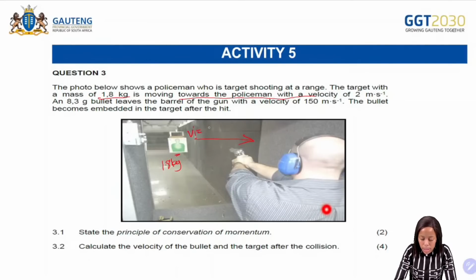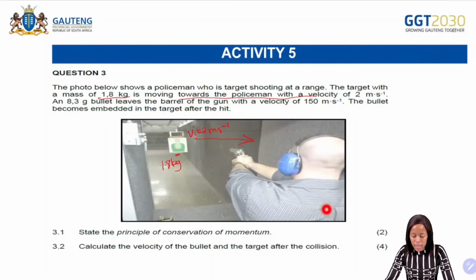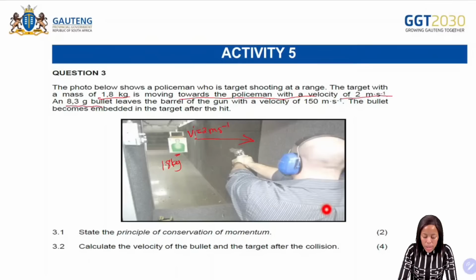We are given the initial velocity, so you need to make sure that you collect the data. And then an 8.3 gram bullet leaves the barrel of the gun with a velocity of 150 meters per second.